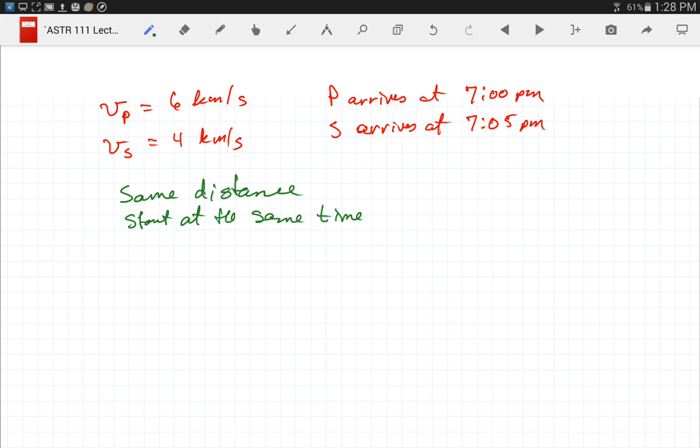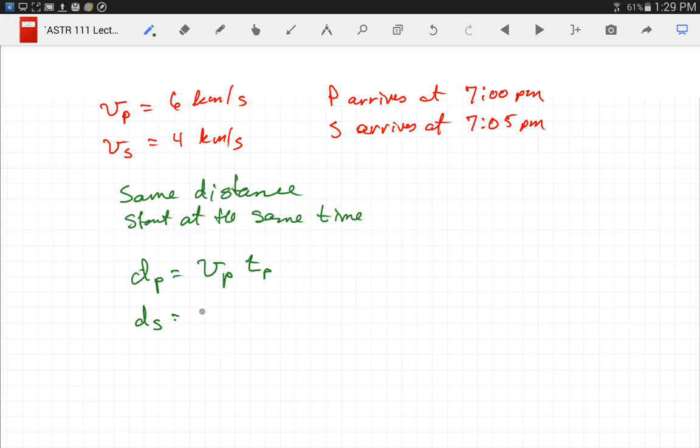We need to calculate the distance for each one because we know they're the same, and then we can set this distance as equal. So how do I find distance based on time and speed? Well, it's just multiply. The distance is equal to the speed multiplied by the time.